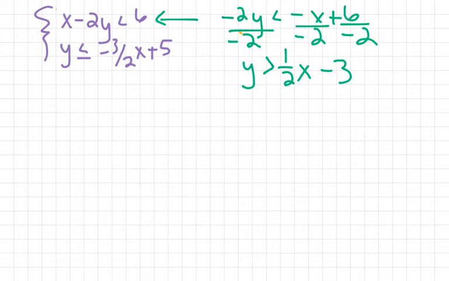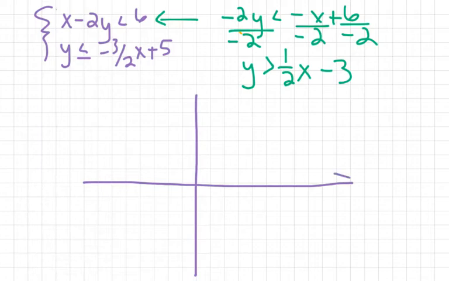So let's start graphing this. Get my axes. And let's start with this first equation. So y is less than or equal to negative 3/2 x plus 5. So I'm going to start at 5, my y-intercept.